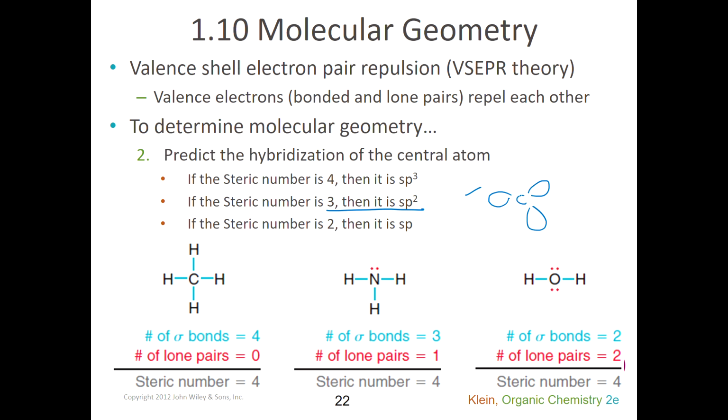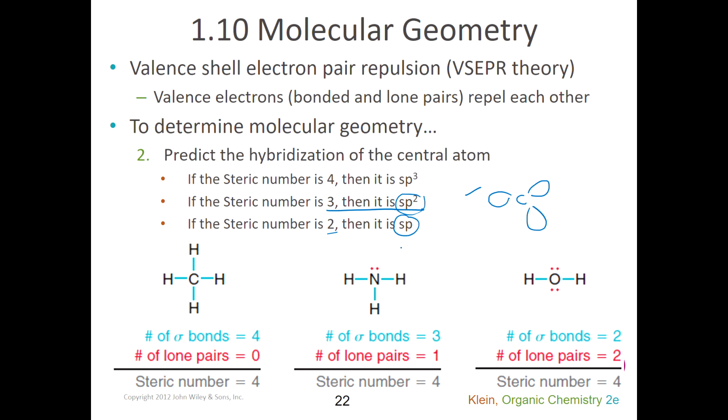Some combination of sigma bonds and lone pairs adding up to 3 requires it to be sp2, because sp2 creates 3 orbitals to hold those sigma bonds and lone pairs. And if the steric number is 2, then I only need 2 sp orbitals to hold the sigma bond and lone pair electrons.